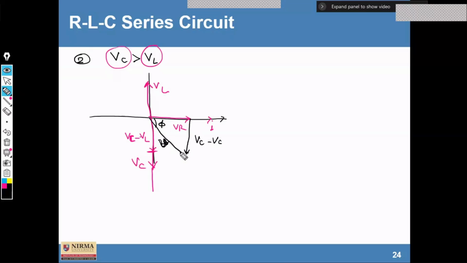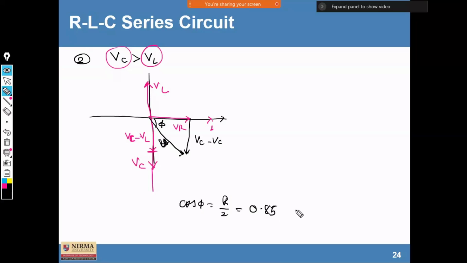Here, if you consider the vector V and current I, the current is the leading quantity by an angle phi with respect to V, or we can say V lags behind the current by an angle phi. Whenever we find cos phi equal to R by Z, this can be written as a leading quantity.